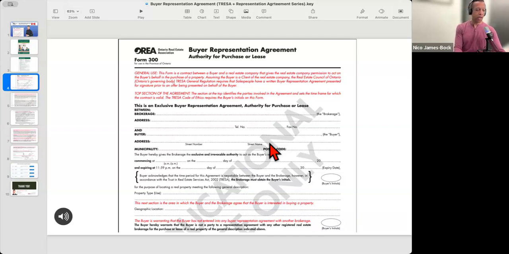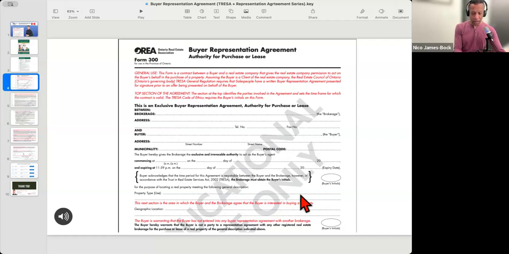My brokerage, by default, uses designated representation. So that is where the representative is named in the representation agreement, and that representative provides the services and representation to the client. The brokerage provides simply the services.